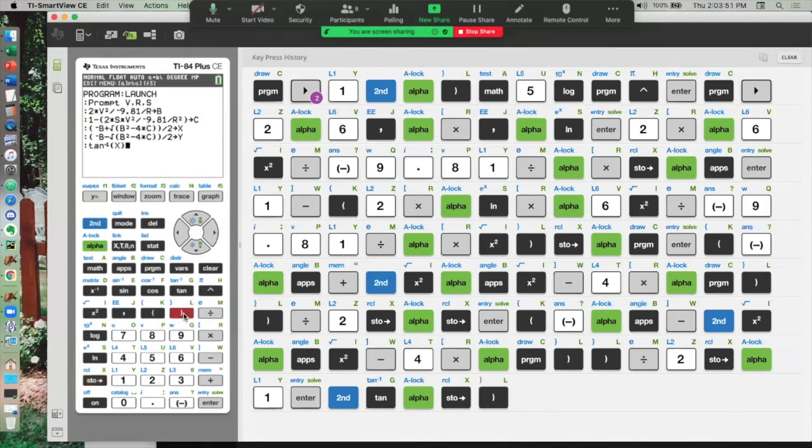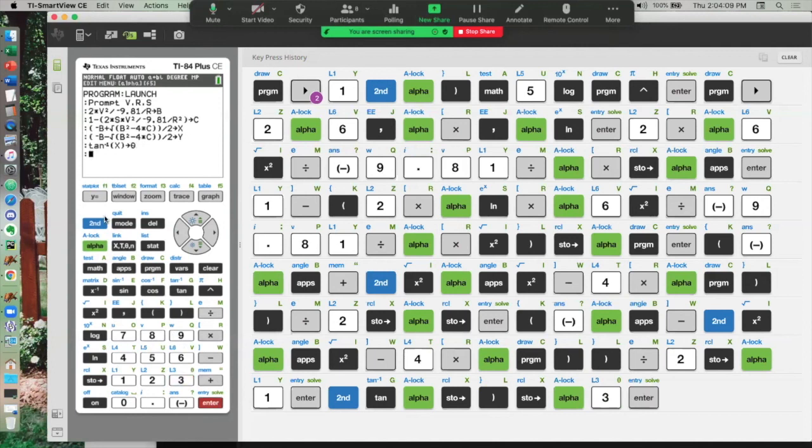Close parenthesis, store it in, I'm going to use alpha 3. Look at that, that's actually a theta. Oh, really? Alpha 3 is theta? Yeah, oh, cool.